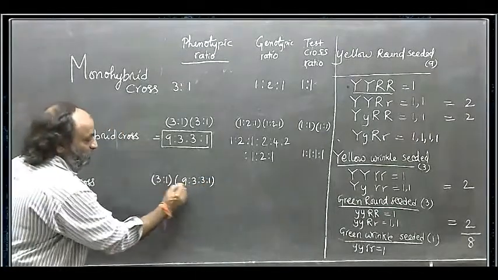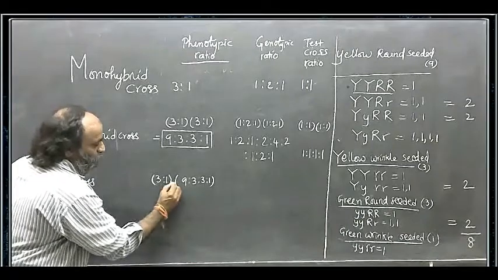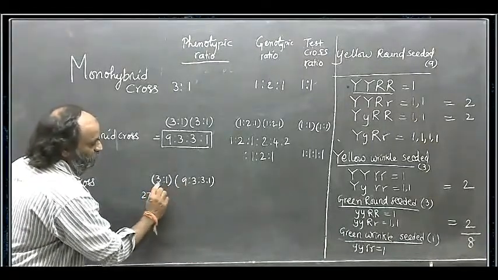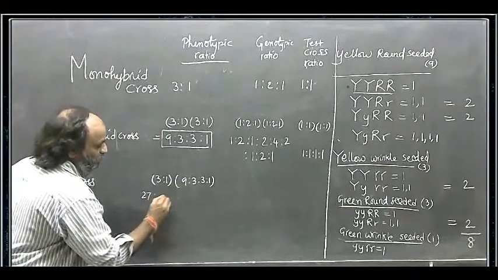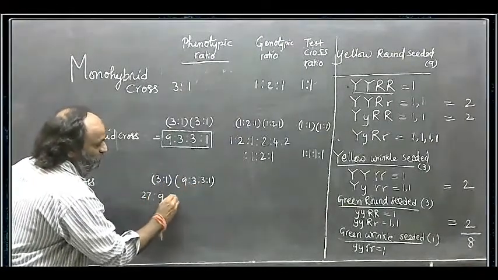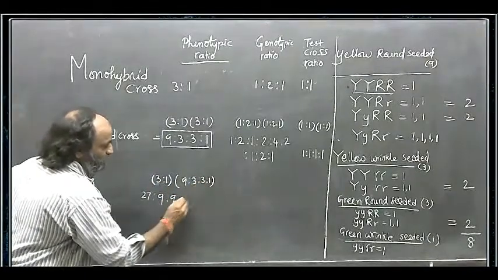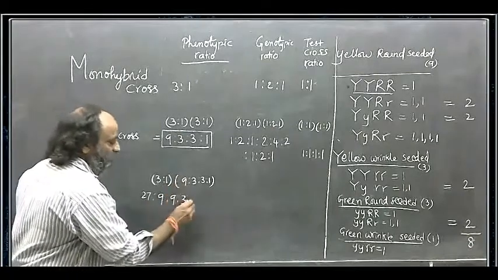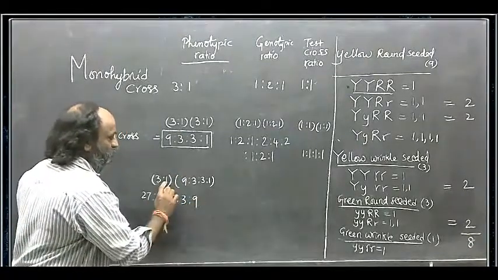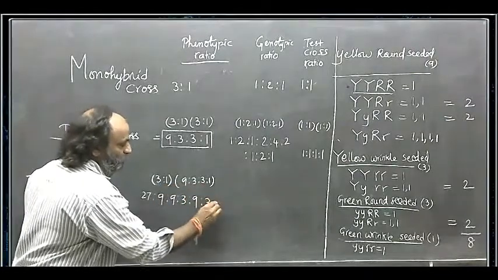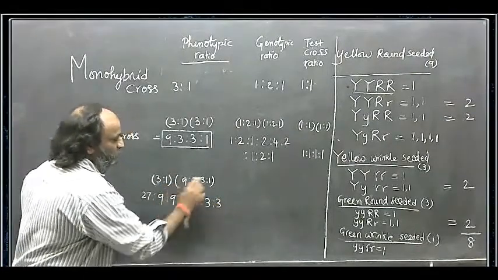Now make the multiplication. 9 into 3, 27. 3 9s 27, 3 3s 9, 3 3s 9, 3 1s 3, 1 9 9, 1 3 3, 1 into 3 3, 1 into 1.